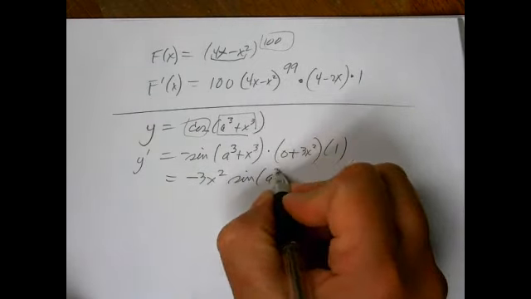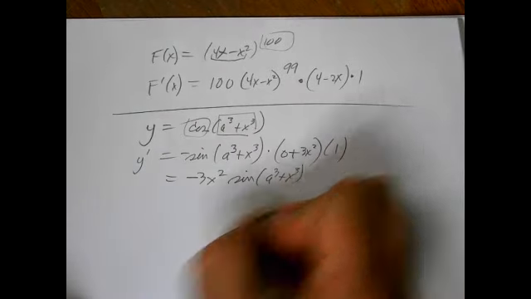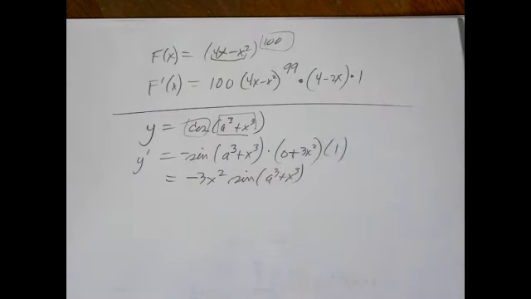Sine of a cubed plus x cubed is what we have here. All right. Chain rule, by the way, gets used while all other rules are being used. So bear that in mind. It's used in the first derivative. It's used in the second derivative. It's used in every derivative.